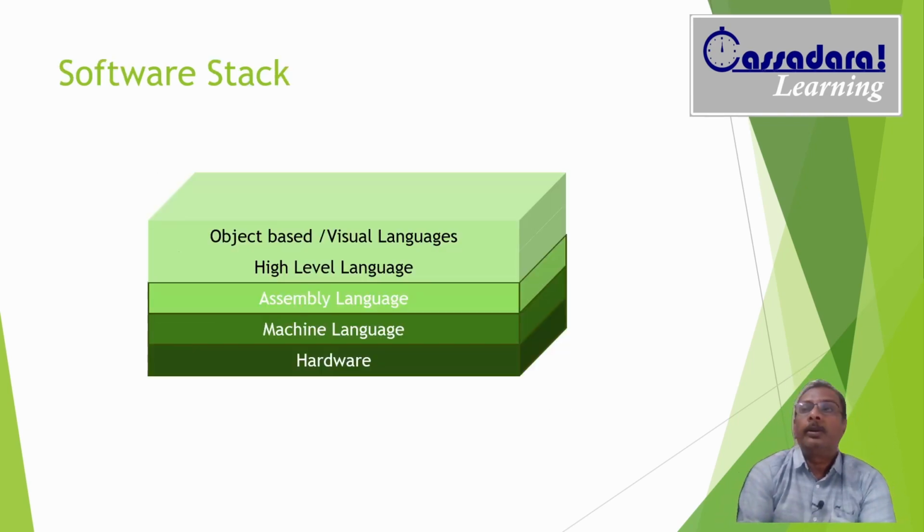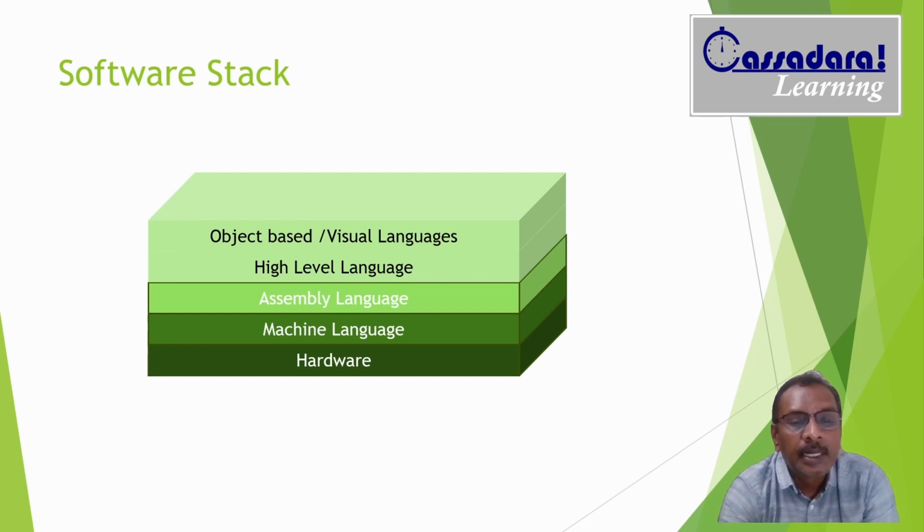So now we have to understand this software stack. We talked a lot about machine language, assembly language, and high level language. So how are all these organized on a computer? How will they work? If you run a software, it is basically in high level language.